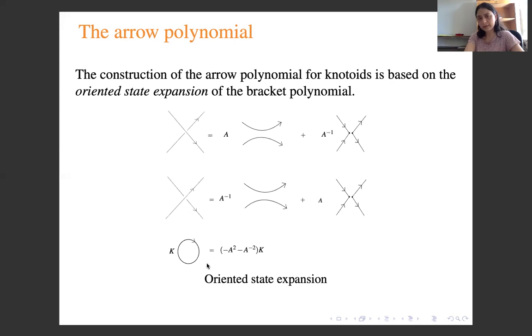And also, as in the bracket case, each circular component would contribute to the arrow polynomial with the value of minus A squared minus A to the minus 2.